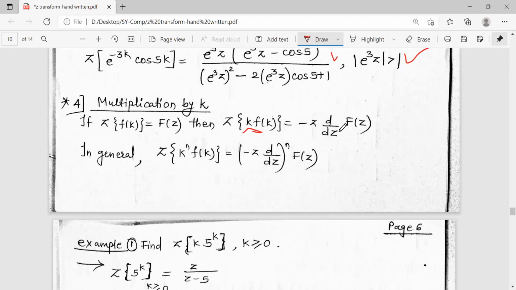So you have to differentiate the f of z term and multiply with minus z. And in general, if it is multiplied with k raised to n, so k square, k cube, k raised to 4 into f of k, then your transformed answer is f of z multiplied with this particular term, that is, minus z d by dz raised to n into f of z. Okay, that is the result.